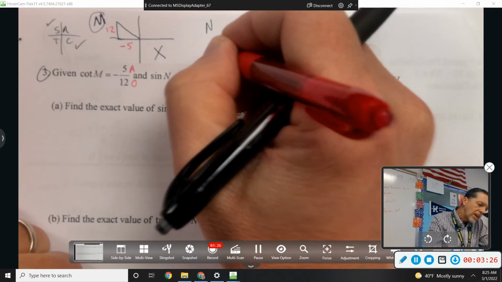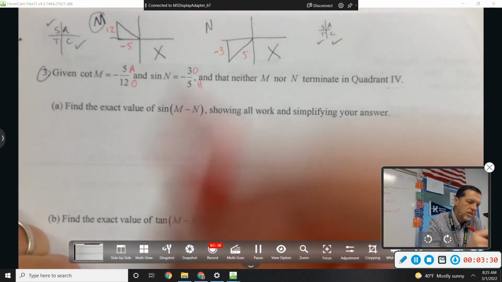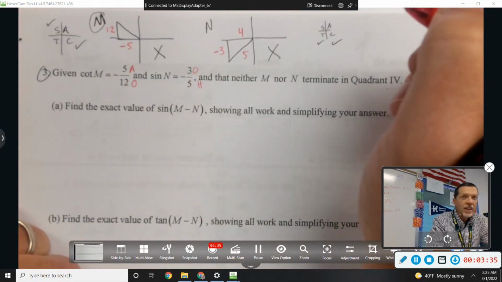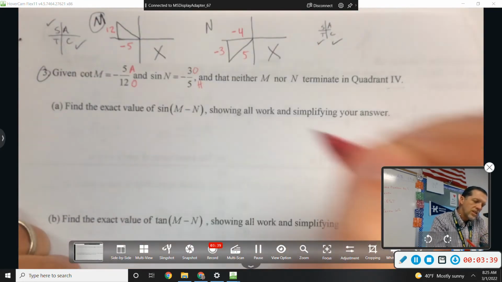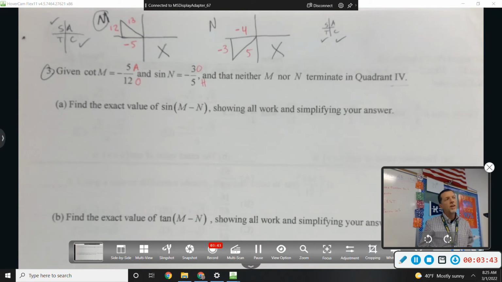The 3 is negative because it's down. What's the missing side in this one? Negative 4 because it's backwards. And what's the missing side in the other one? 5, 12, 13. Okay.